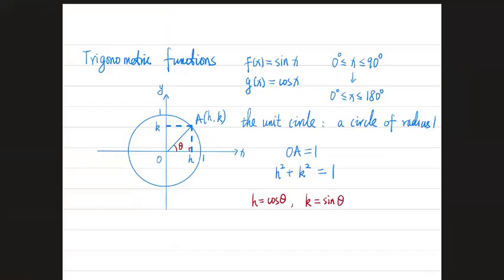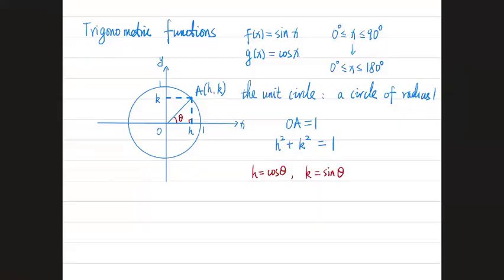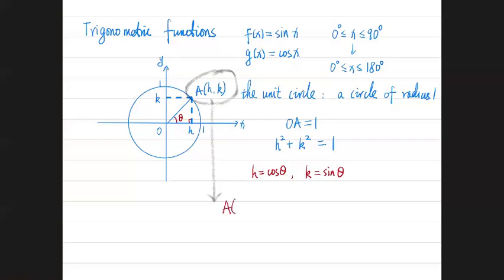So we get the coordinates of this point A: H is cosine theta, K is sine theta.